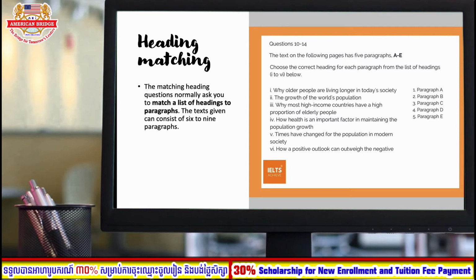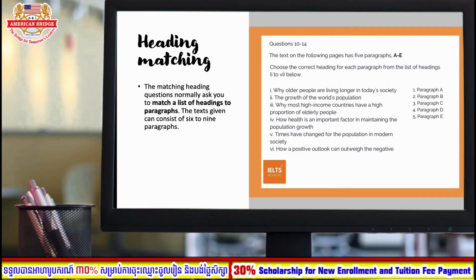It is beyond the beginner or elementary level because you don't read to find specific information to answer some comprehension question, but you read for specific information and try to match the heading for those paragraphs. The matching heading question normally asks you to match a list of headings to a paragraph. The text given can consist of 6 to 9 paragraphs, which is a relatively long reading passage.